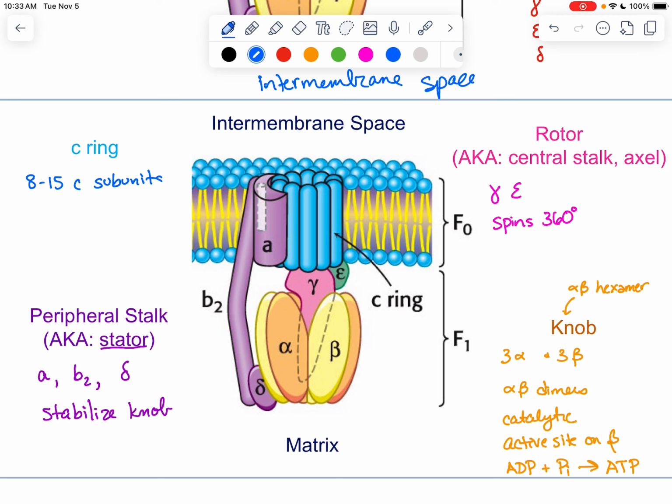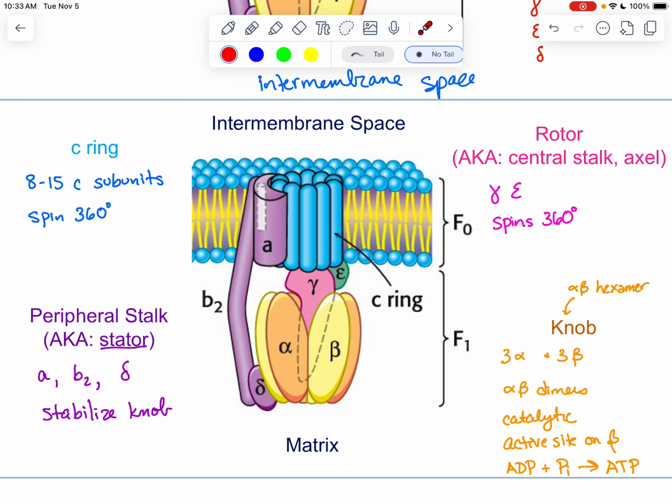In vertebrates, we have 8. They're all tightly associated with each other, and the ring spins 360 degrees. As we talk about this as a molecular motor, it really is what we think of as a motor. It's moving and causing things to change.